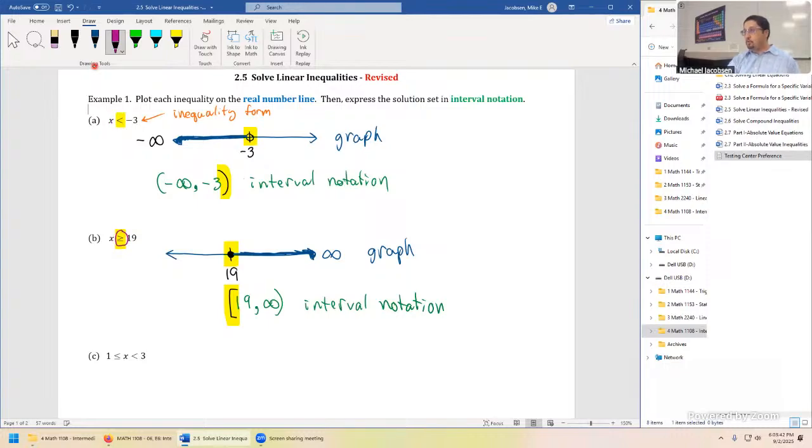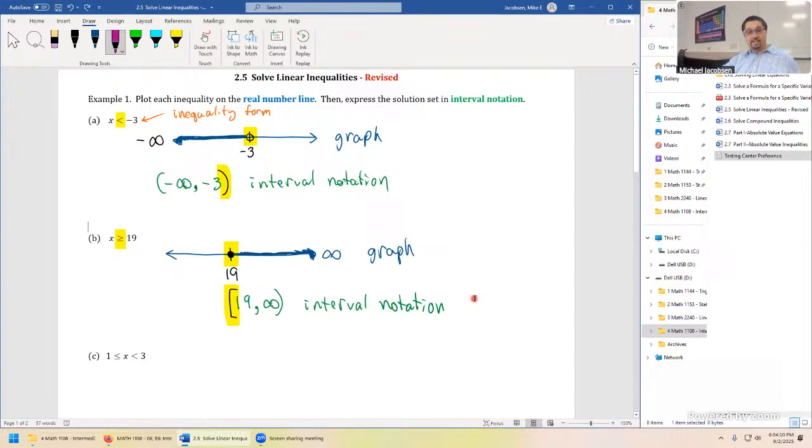If it's less than or equal to, that means the number is included as a solution. 19 solves this inequality. So we put a solid dot to say 19 is part of the graph. It's also a solution. And we put a bracket to say 19 is part of the numbers in the interval notation. So 3 different ways to say 19 is included, three different ways up here to say -3 is excluded.